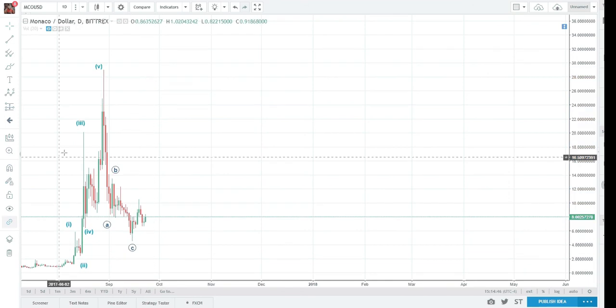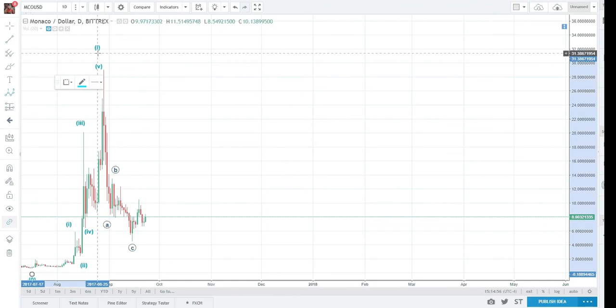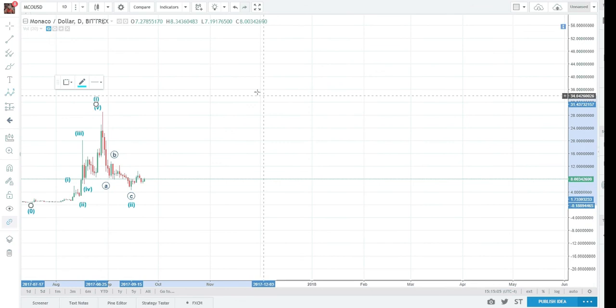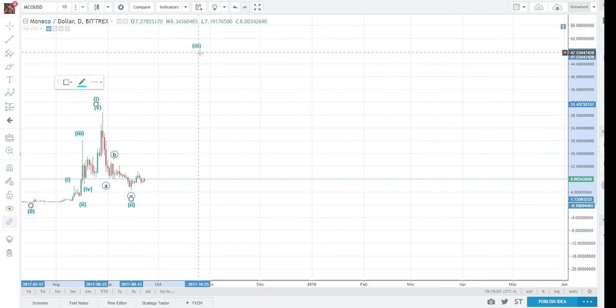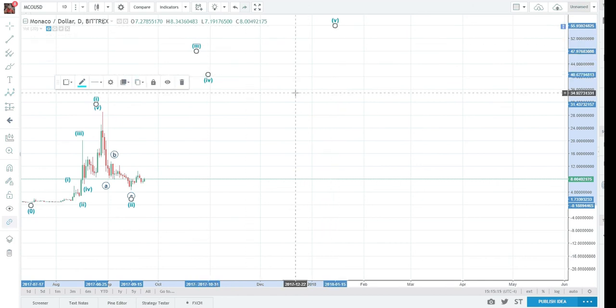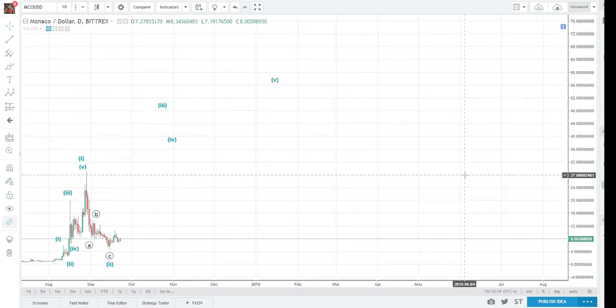So these 5 waves become the subwaves of wave 1 of a higher degree. These ABC becomes wave 2 of a higher degree, like that.